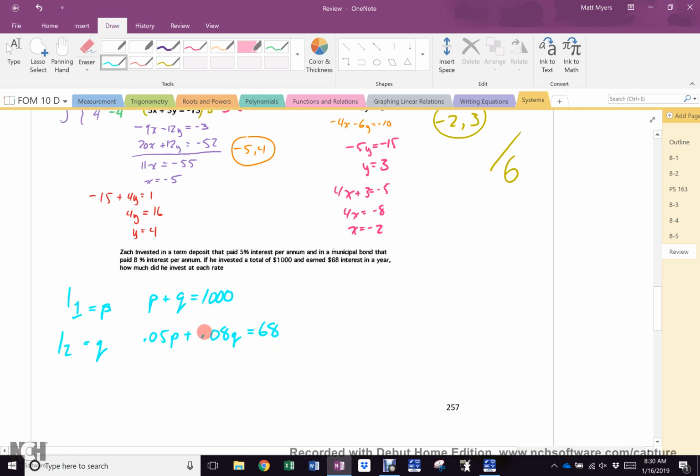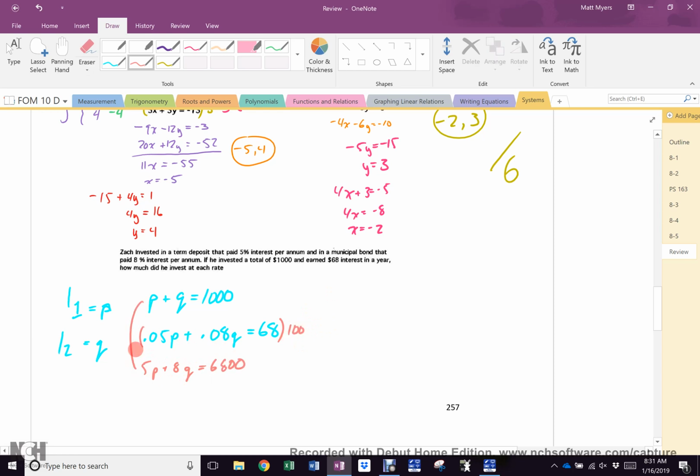Your choice. Most of you will probably multiply this by 100 so you don't have to worry about the decimals, to get 5p plus 8q equals 6,800.